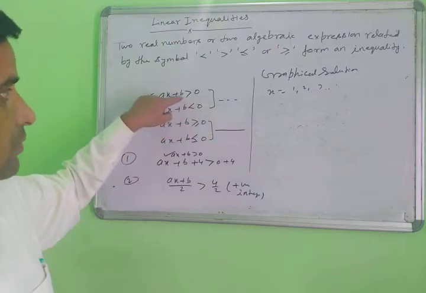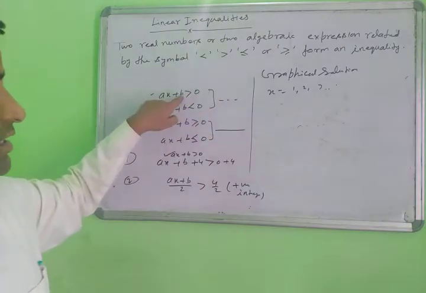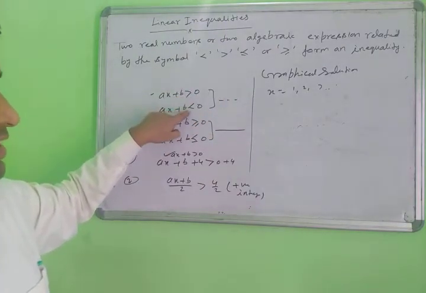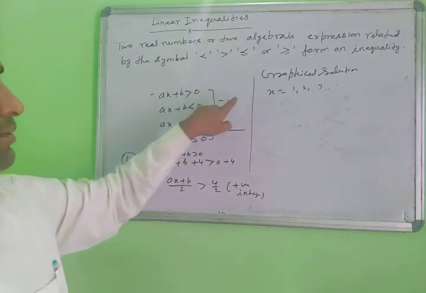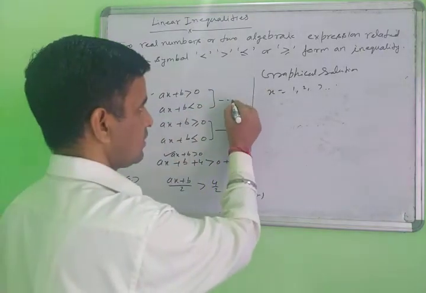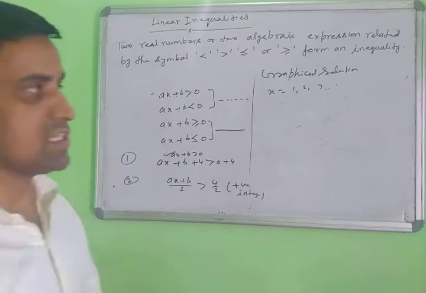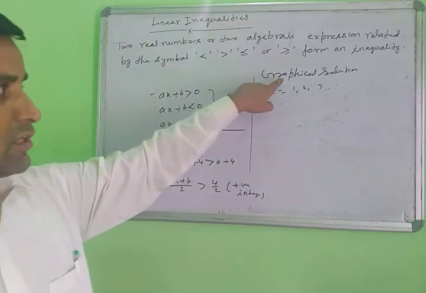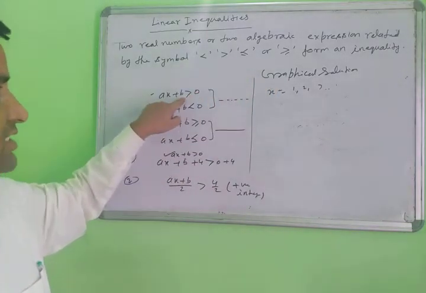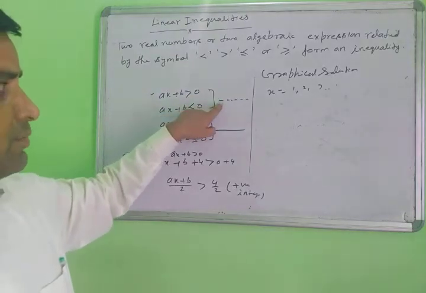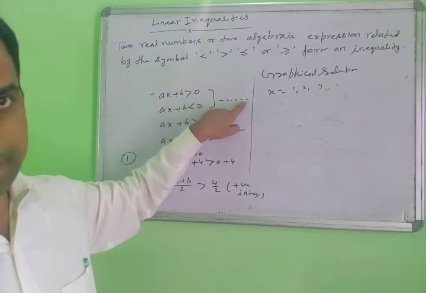How do you represent the graphical solution for the less than sign or greater than sign? It is represented by a dash line. When you find the graphical solution of less than and greater than, you represent it with a dash line.